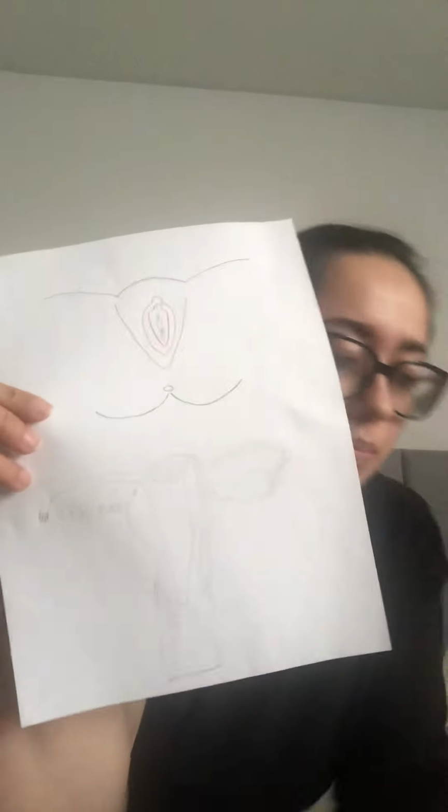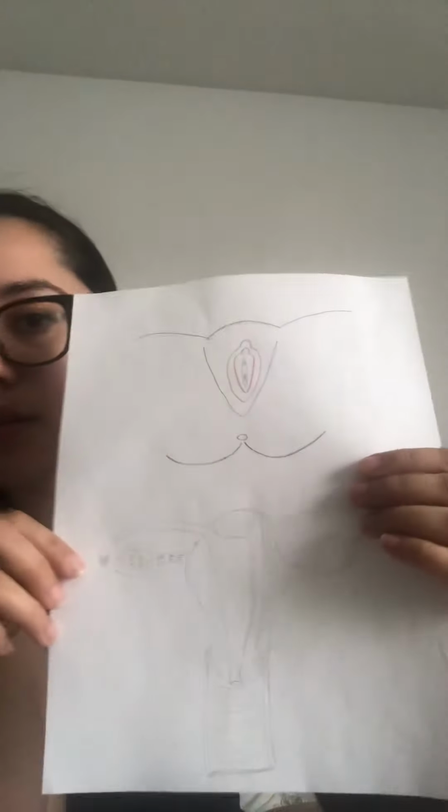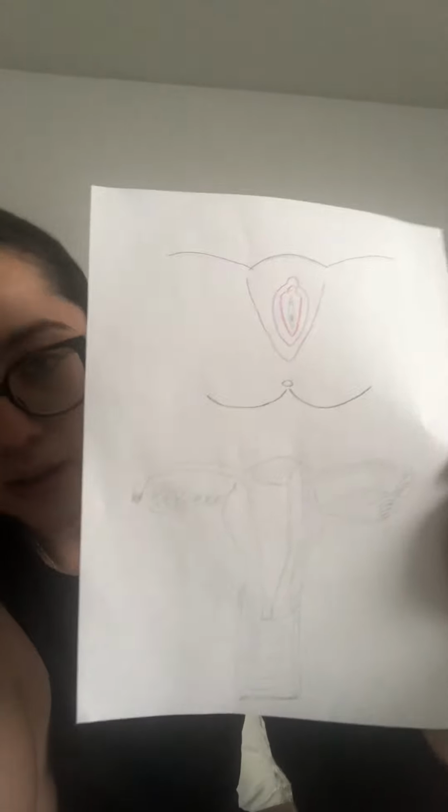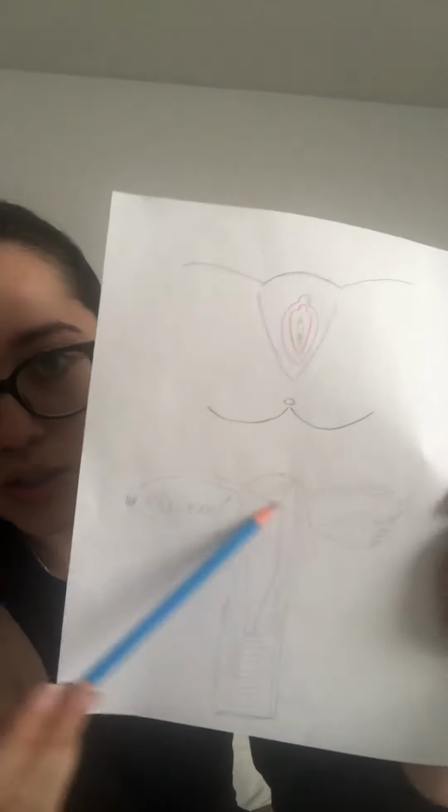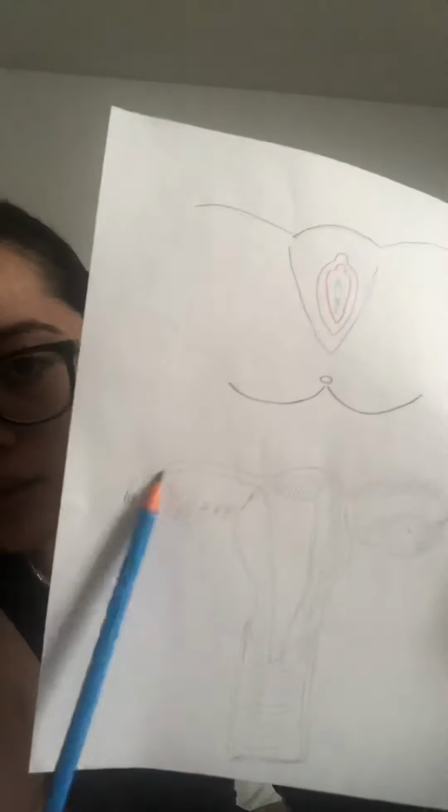And then the internal part that I have, it's kind of hard to see there. So first we have the uterine tube, which is these here.